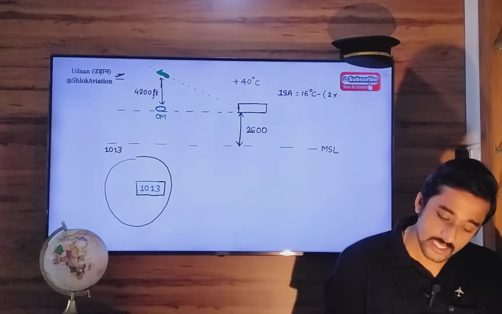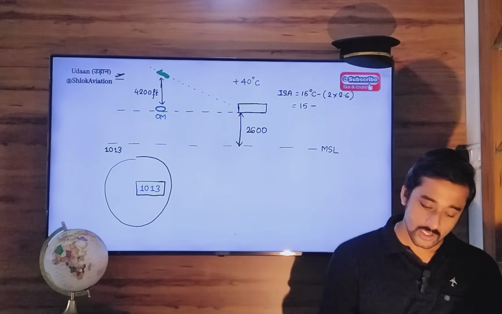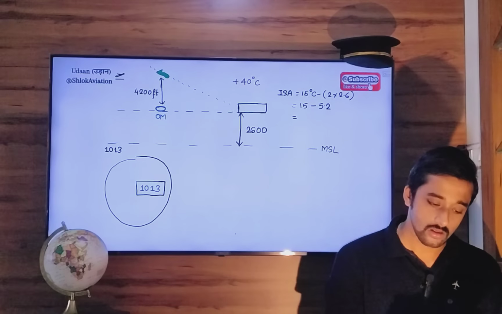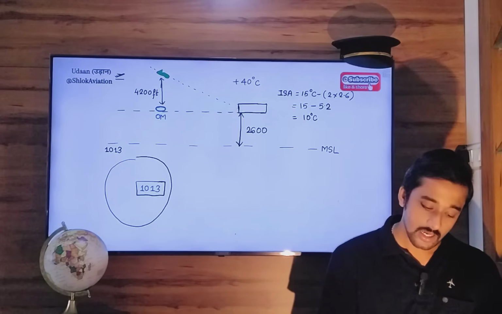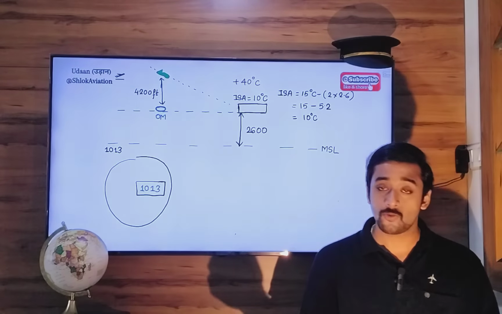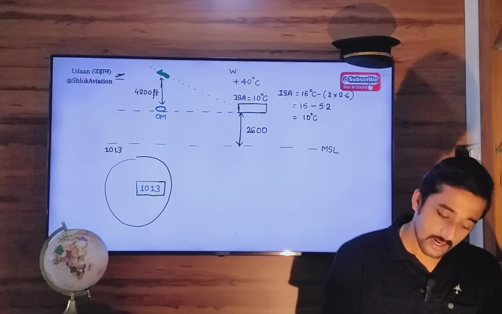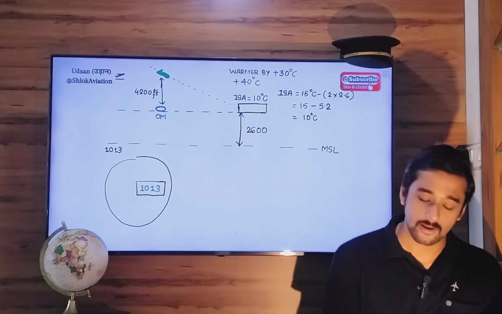So approximately 15 minus 5.2, since 2 into 2.6 is 5.2, is 9.8 or approximately 10 degrees Celsius. So according to ISA, the temperature here must be 10, but it is 40 degrees Celsius. It is warmer than ISA by plus 30 degrees Celsius. Big difference.